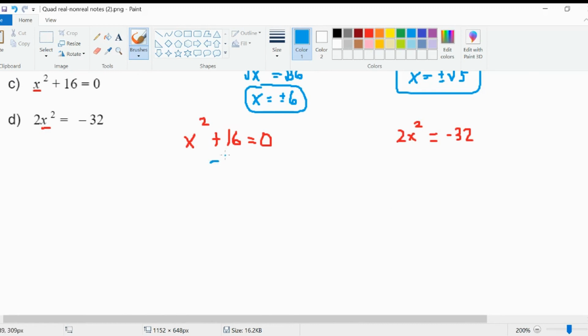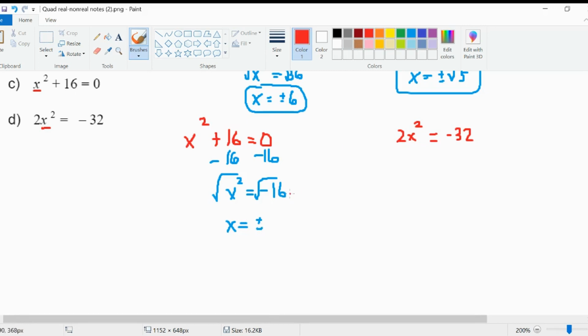So I'm going to subtract 16 over, subtract 16, and we have x squared equals a negative 16. Now, just like our previous problems, we're going to undo an x squared by square root. Square root, x is going to equal plus or minus the square root of negative 16.